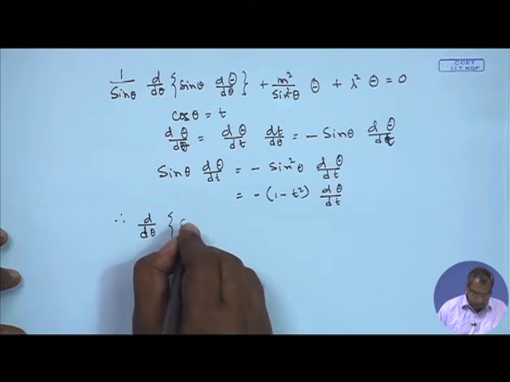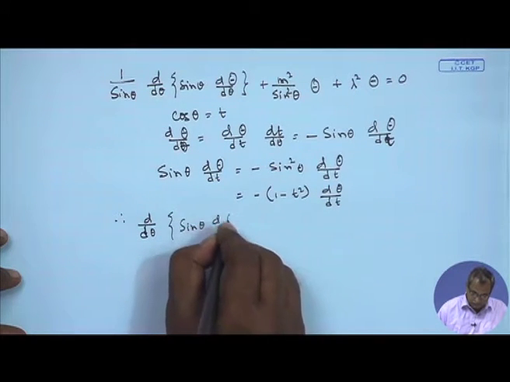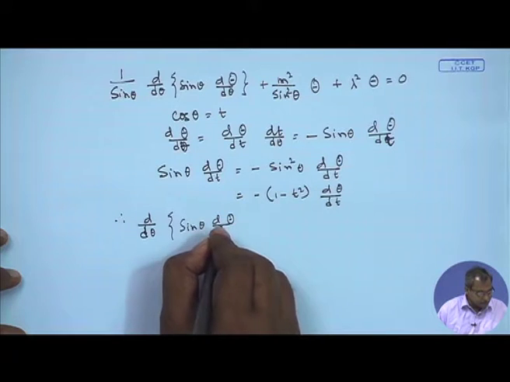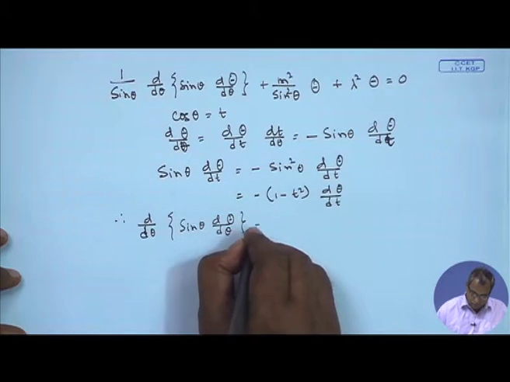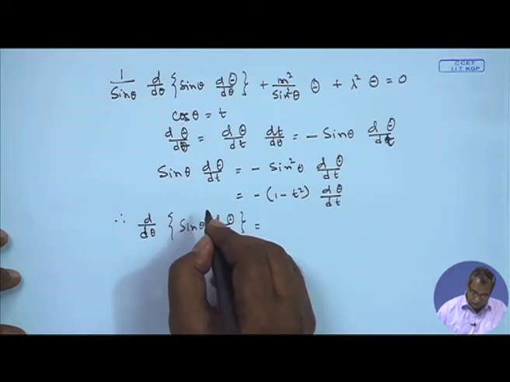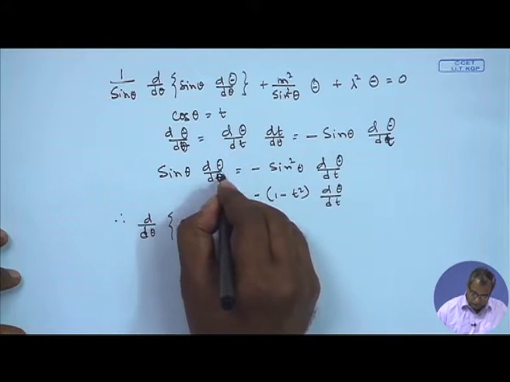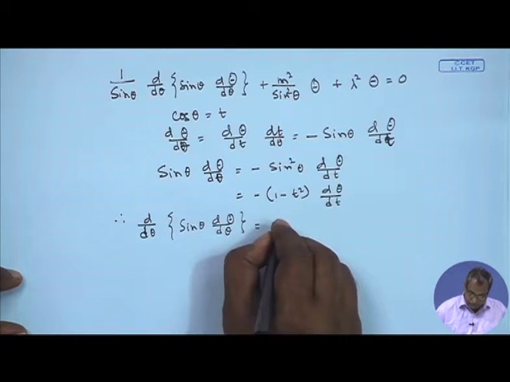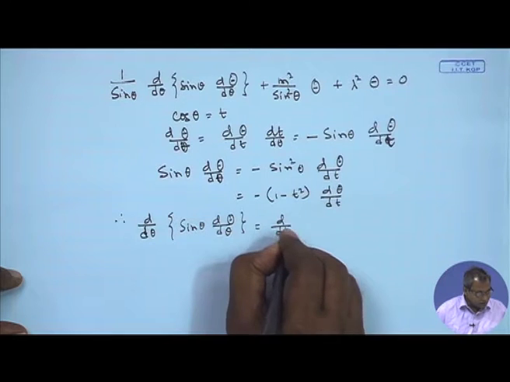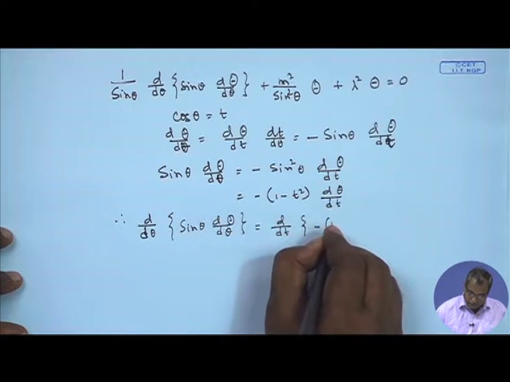Therefore, d/d theta of sin theta d Theta/d theta will be nothing but d/dt of minus (1 minus t square) d Theta/dt.